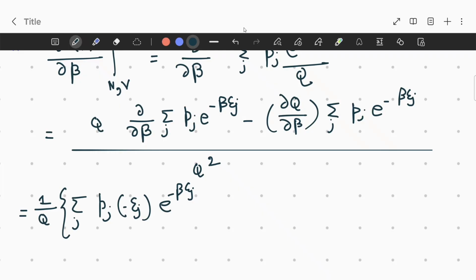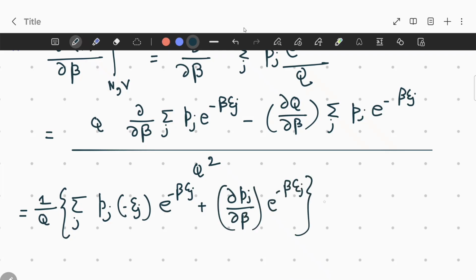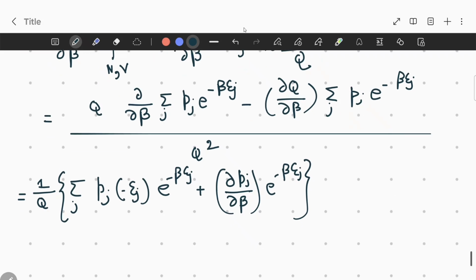Del Ej del, no, no. Okay, this I will get. But one term you will get, that is when the Pj is differentiated. So then this term will also be there. Yes, I think it's correct.